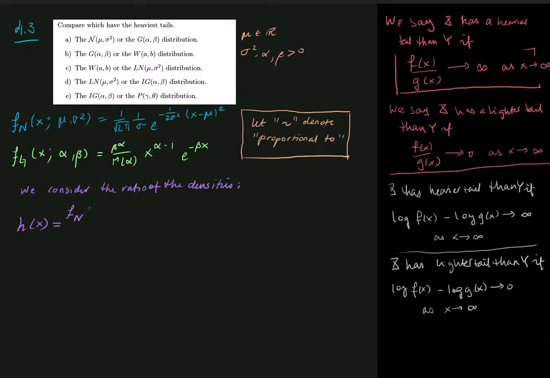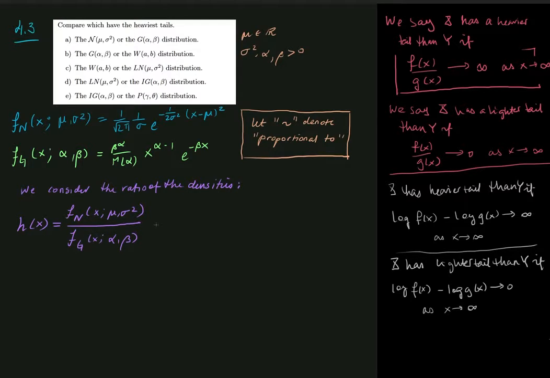If I put the normal density in the numerator, then I will know that the normal distribution has a heavier tail than the gamma distribution if the ratio goes towards infinity, and if the ratio goes towards 0, then I will know that the normal distribution has a lighter tail than the gamma distribution, right? This notation just stands for the density for the gamma distribution with these parameters evaluated in x.